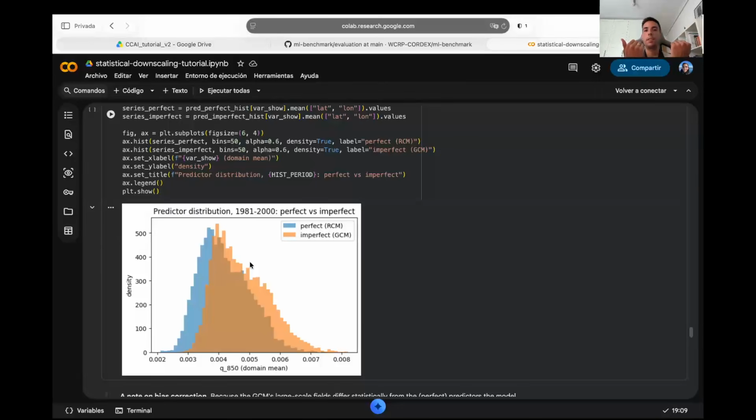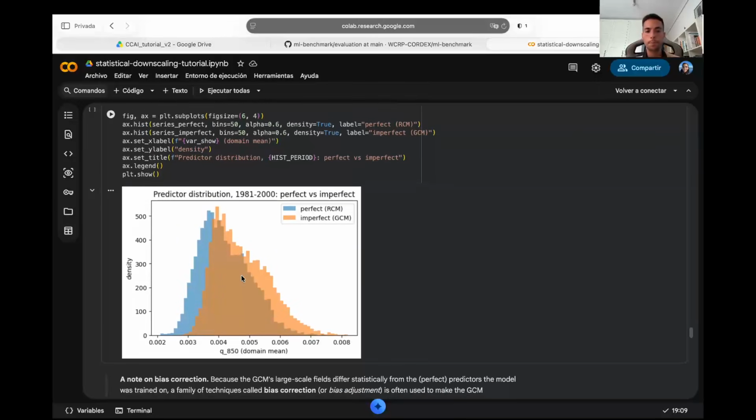But there is also a distributional shift between the variables of the observational dataset and the variables from the GCM, because although the variables are the same, they are the wind components, specific humidity, and so on and so forth, they are generated in different ways. The GCM has some properties that are different to those of reality because the GCM is an approximation of reality. So we have to pay special attention to that distributional shift when working with GCMs in operational settings.